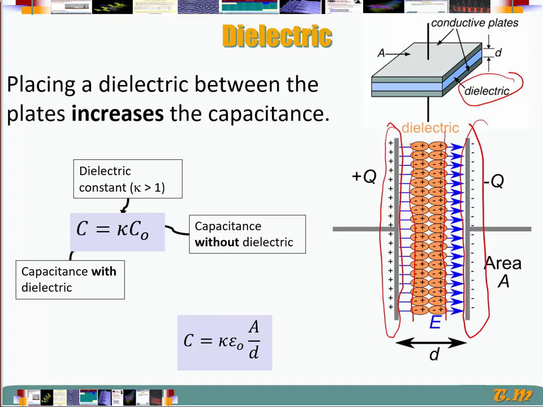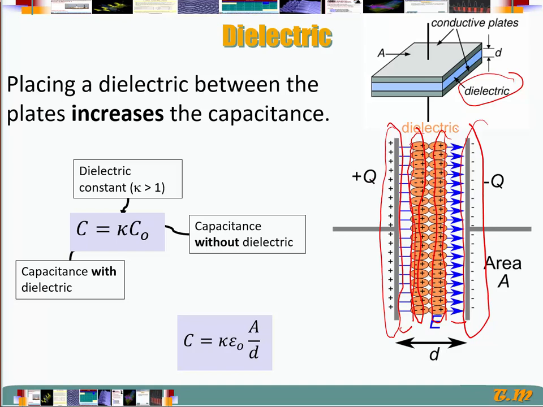So effectively, it's like we are reducing D. This amount of charge here is going to balance the plus Q here, and this amount of charge here is going to balance the minus Q here. So effectively, my distance is this much and this much. In other words, by reducing the distance, since the distance is in the denominator, we have a larger capacitance.